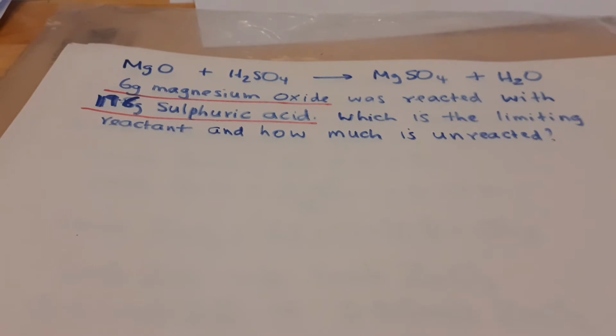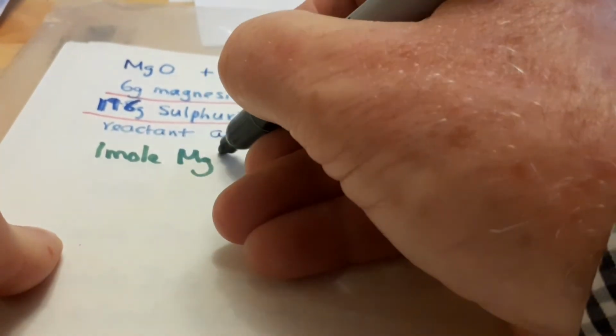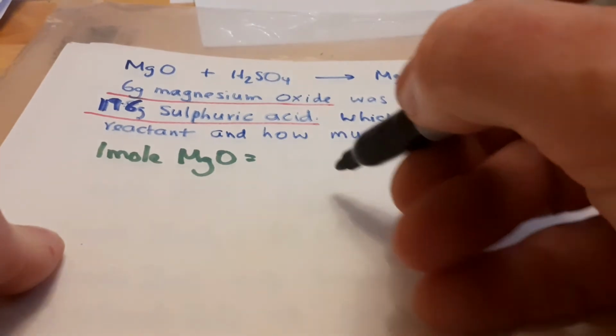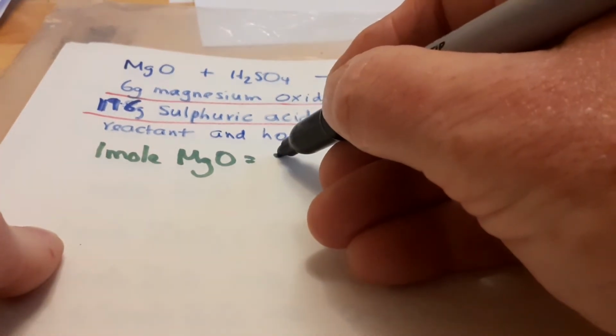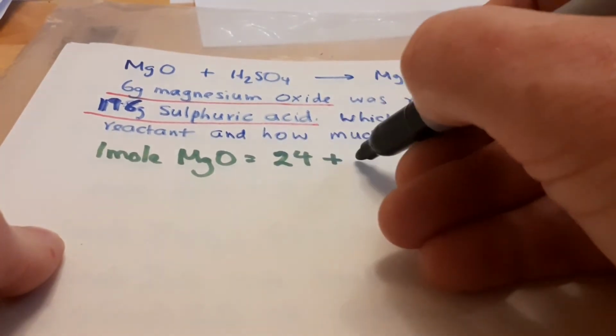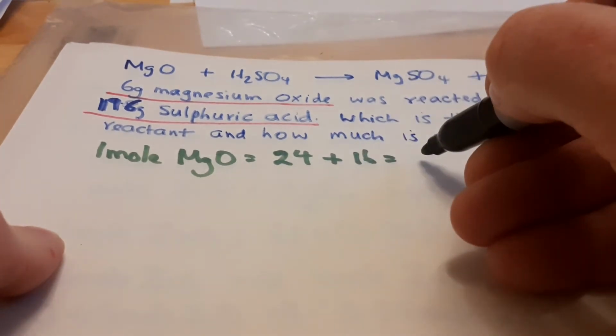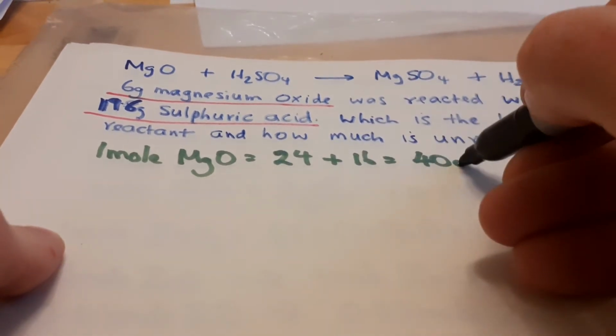So let's start with magnesium oxide. So 1 mole magnesium oxide. So magnesium from our periodic table would be 24, oxygen would be 16. So 24 plus 16 comes to 40 grams.